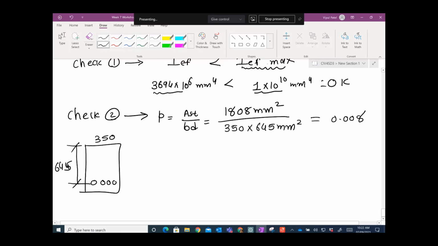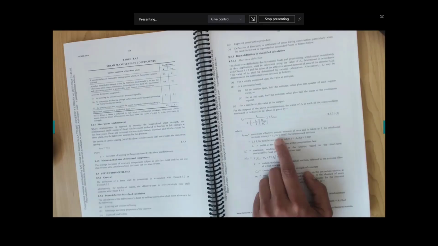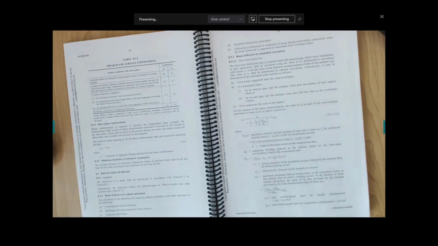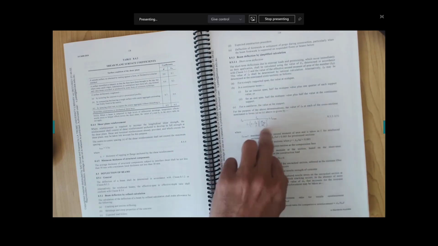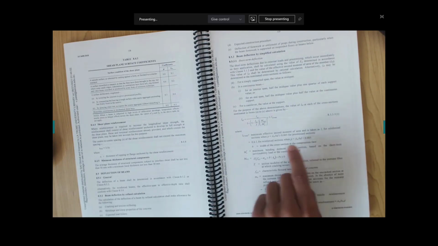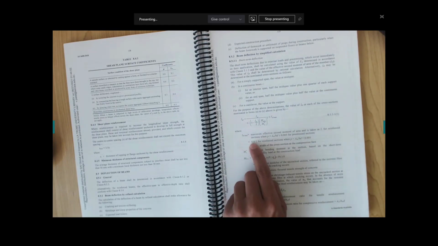If you calculate that reinforcement ratio, you get 0.008. So P, the reinforcement ratio, 0.008, is greater than 0.005. Therefore, it is okay here. You need to make these checks to make sure that this equation is valid. If it's not, then you need to take this I effective maximum as 0.6 I, and redo the calculations.